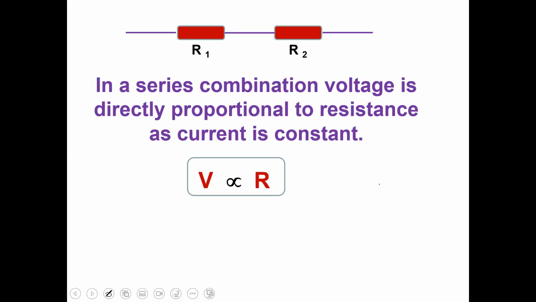In series combination, voltage is directly proportional to resistance as current is constant. So we have the concept that V is equal to IR. In series, current is the same, so V is proportional to R. This is the second main concept of a potential divider: when you increase or decrease the resistance, you will get a voltage change.